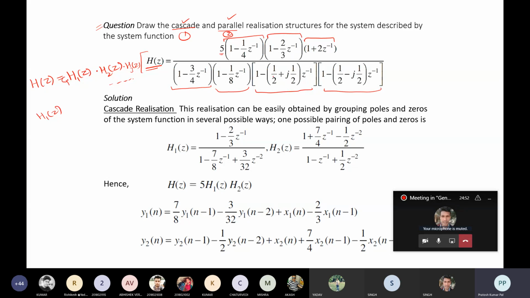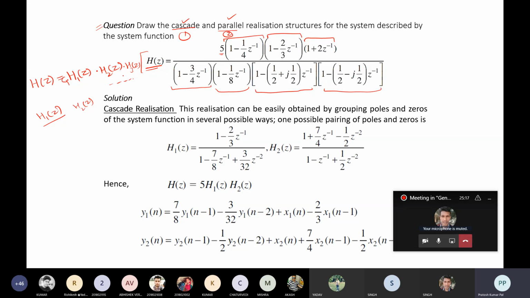Okay, so what we can do is we can select any pair. We can select either one numerator, one denominator, and that combination will form one transfer function, then similarly H2 we can obtain like that. Okay, so this is how the realization takes place.